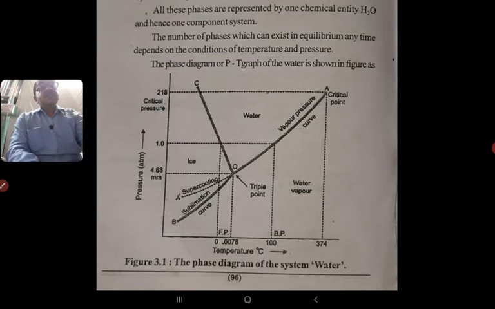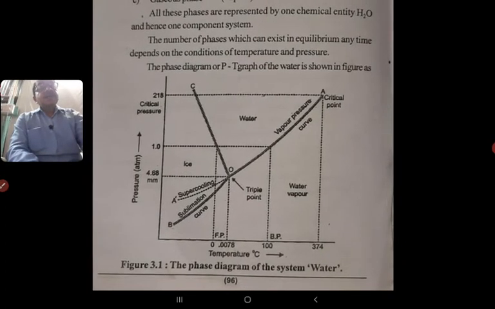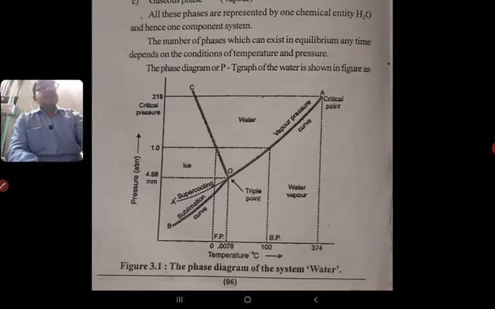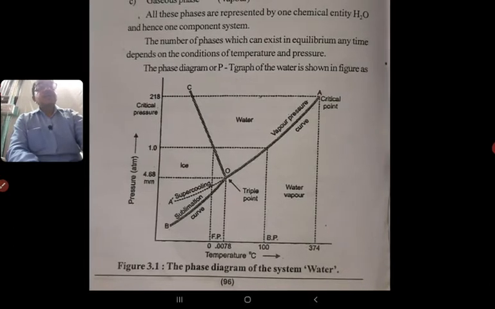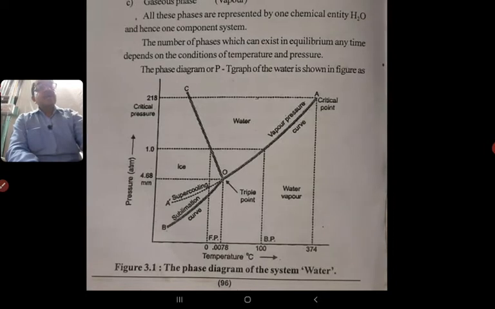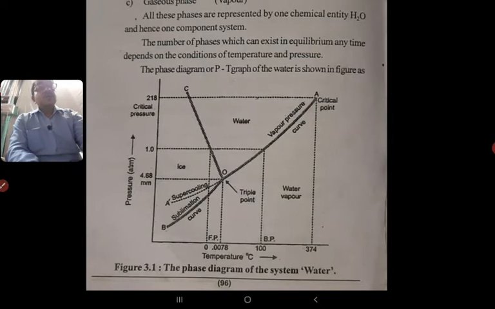When we consider the different curves here, we have labeled them A, B, C, O and A dash. Different curves are shown here: the vapor pressure curve, the super cooling curve, and the sublimation curve.